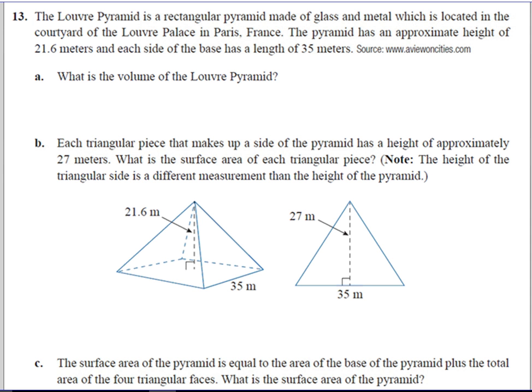What is the volume of the Louvre pyramid? And so first, we'll have our volume equals 1/3 since it comes to a point. And we have length times width times height.